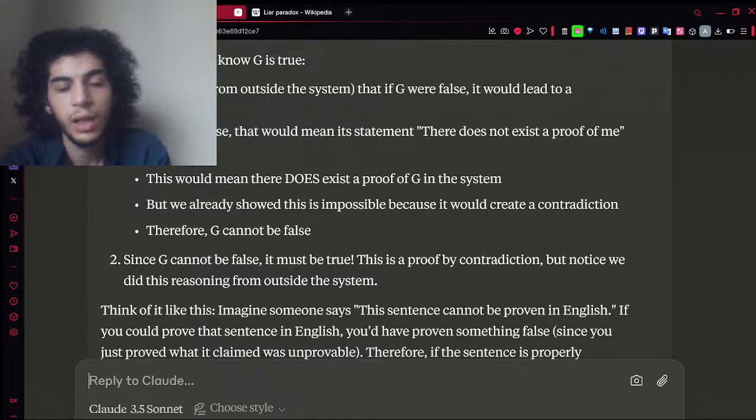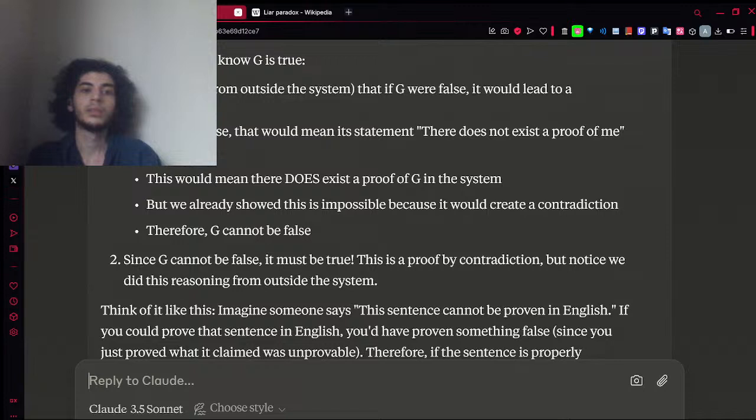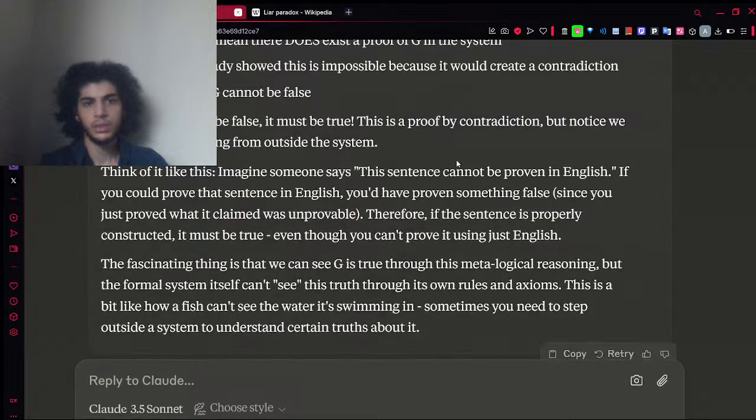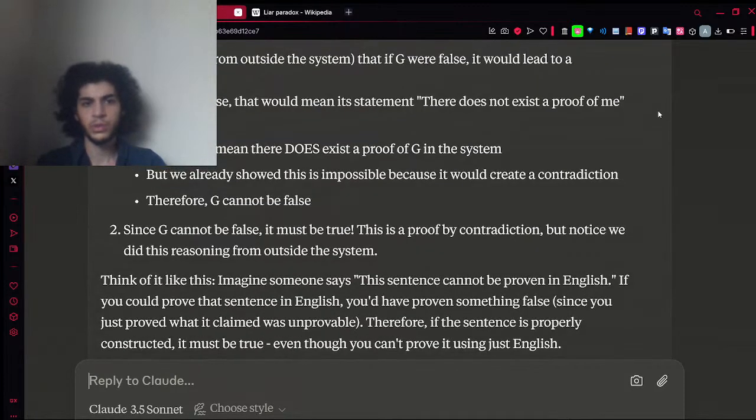Let's continue. But we already showed this is impossible, that it would create a contradiction. Therefore G cannot be false. But how do we know G is in the system? Since G cannot be false, it must be true.